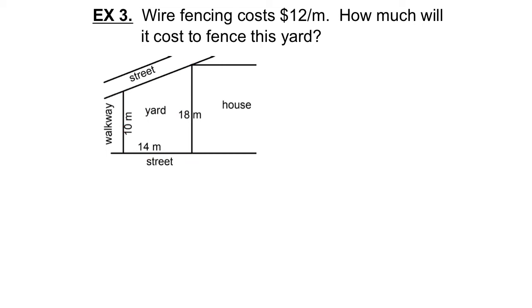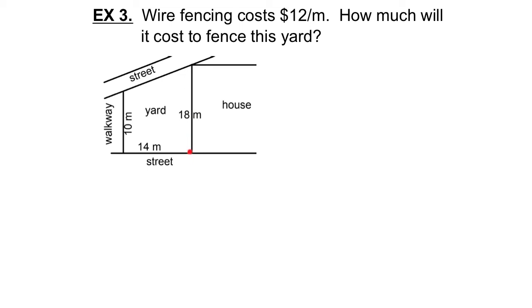It's perimeter. Now, be careful with this question because are you going to put a fence along the house? No. You're only going to put the fence here, here, and here. There are dimensions here.